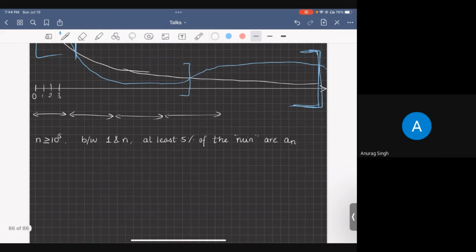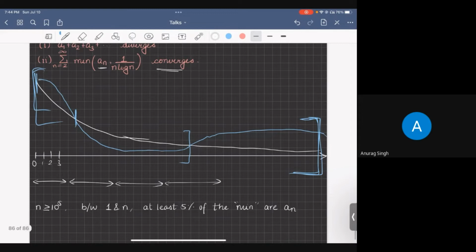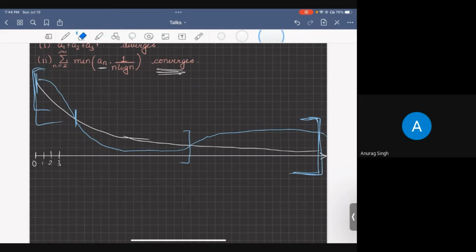Then this second sequence will diverge, because eventually it's always the case that 5% of the numbers that I'm taking in the min are an. So if you allow this, then this won't converge. This will diverge actually. So you can't allow something like this.